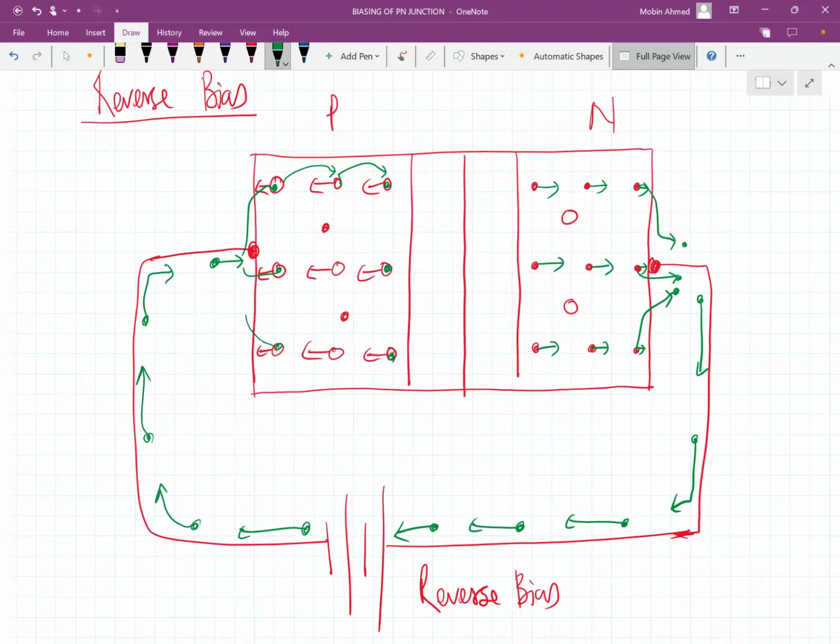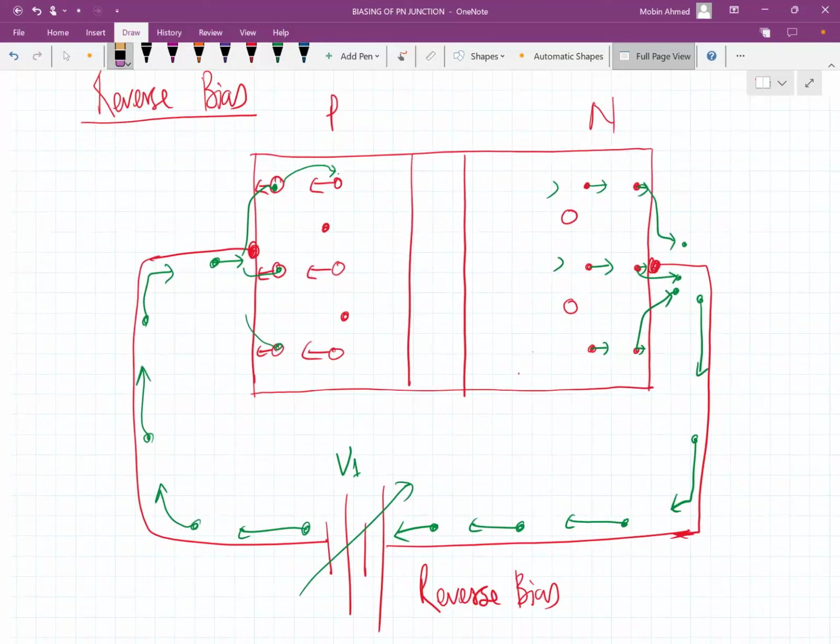So once they recombine, suppose I have applied a voltage V1. At V1, this is the depletion. This is going to deplete like this. So the electrons which have moved are now going to leave negative ions on this side, sorry, positive ions on this side and negative ions on this side.